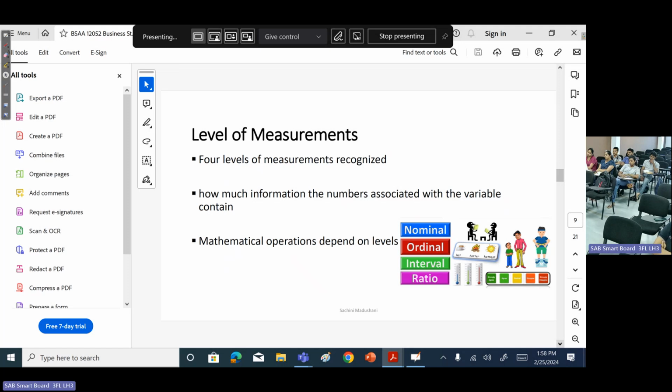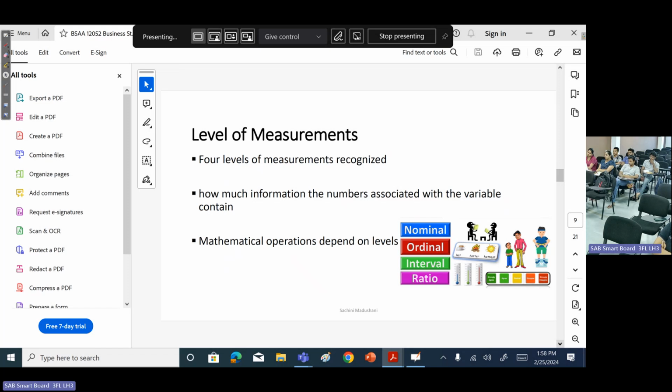In the research, you have the data set, then you have the variables, independent and dependent. Before conducting the regression analysis or further analysis, we identify which level of measurement each variable consists of. This concept is very important.